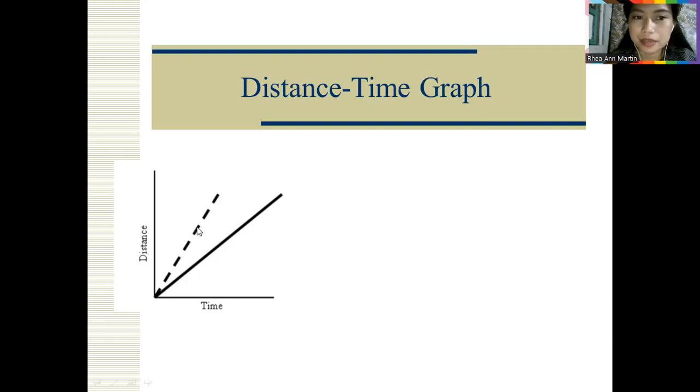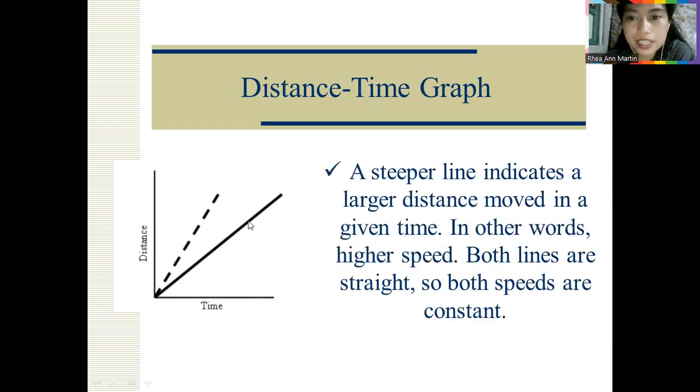But here you can see both have constant speed. Maybe this one has a higher speed from the start, but it is constant compared to this one, okay? A steeper line indicates a larger distance in a given time.